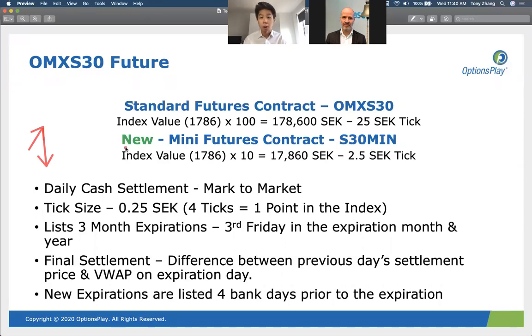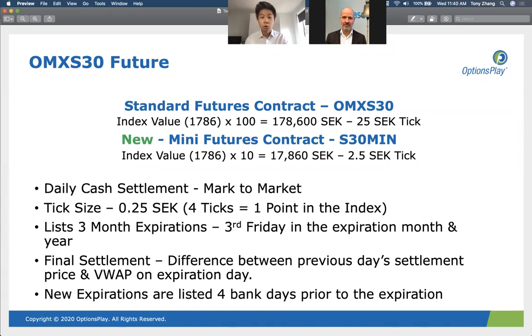So that's what we call mark to market. The profit or loss in your portfolio is settled in your account every single day. So you never have to worry about a large unrealized gain or large unrealized loss that you're carrying for days or months. Each day you're settled in terms of cash what your profit and loss is.